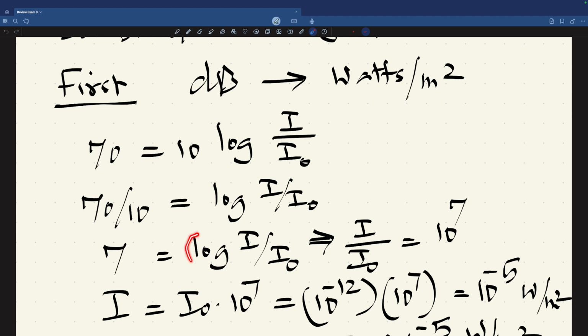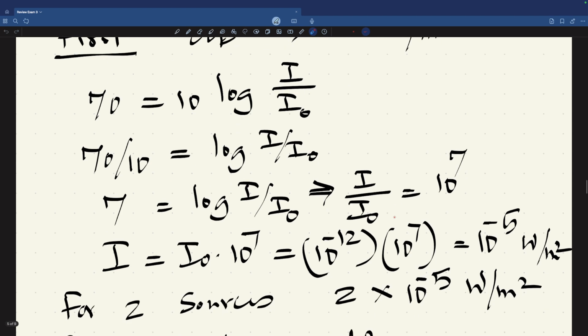To get rid of the log, all you got to do is put 10 raised to 7 on the other side. So here, if you put a 10 raised to, you can get rid of the log. That's what you do.